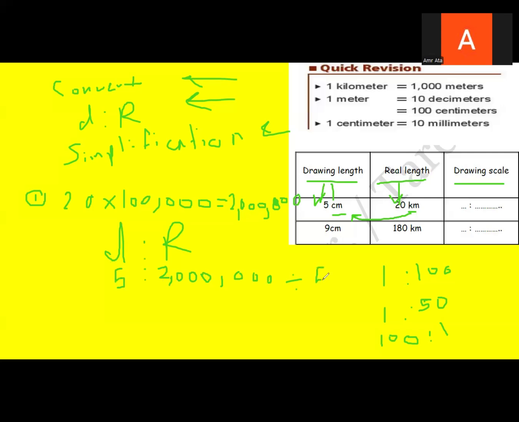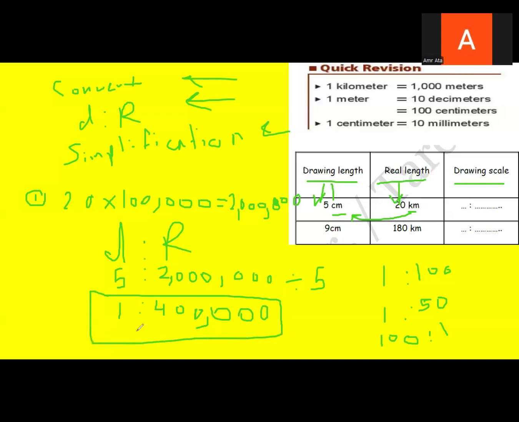So I will divide the 2 numbers by 5. 5 divided by 5 equal 1. And 2 million divided by 5, 20 divided by 5 equal 4. 0, 0, 0, 0, 0 divided by 5 equal the same 0. Okay, so my scale drawing is 1 to 400,000.